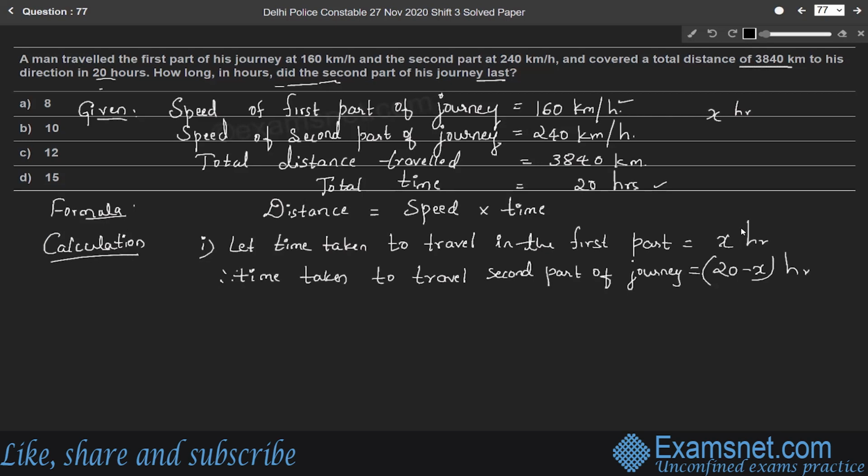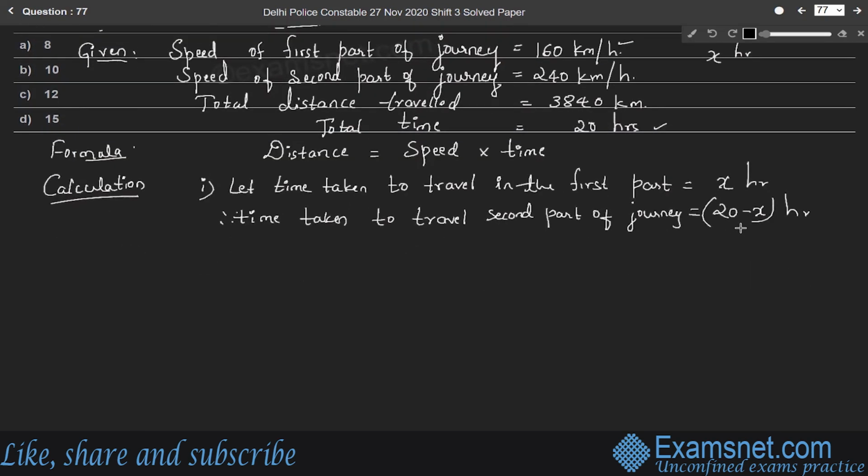Therefore, we know the value of time and speed. Therefore, distance traveled in the first part is, according to the formula, distance is speed into time.